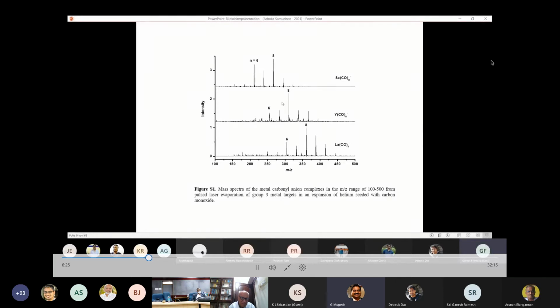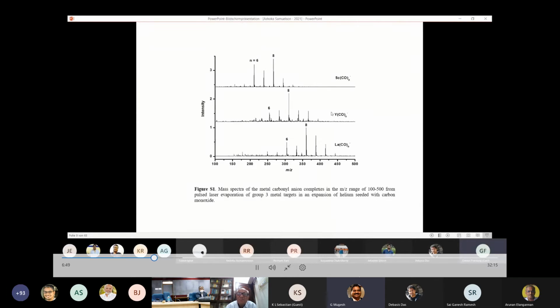He got measurements. But somewhat surprisingly, the strongest signals do not come from the heptacarbonyls, but from the octacarbonyls, with 8 COs. He also got them with nona and deca, but he could show that these COs beyond 8 are just the second coordination sphere. They are not directly bonded to the metal.